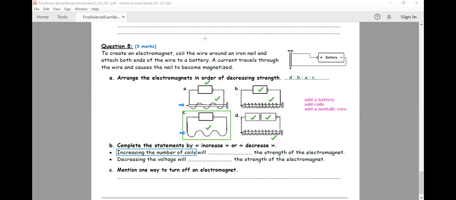Does this increase the power, and the power will be stronger, or will this decrease when we add more coils to our electromagnet? It will increase. It will be stronger. So we are increasing the power or the strength of our electromagnet because we're adding coils.